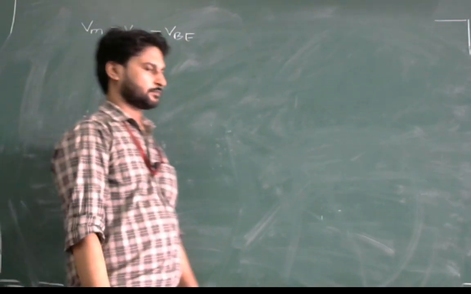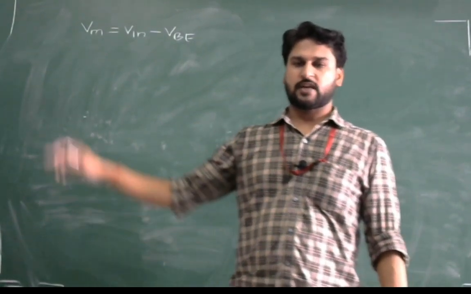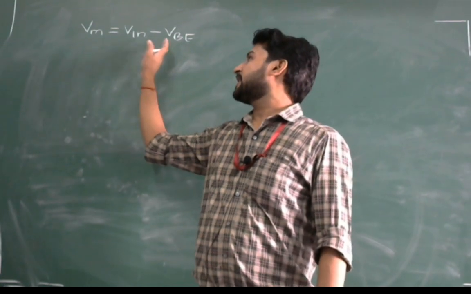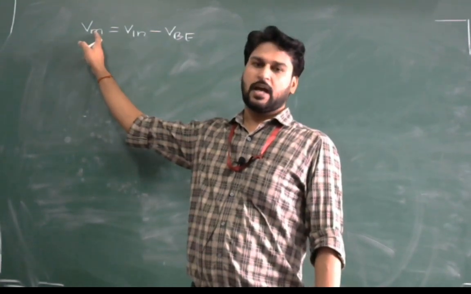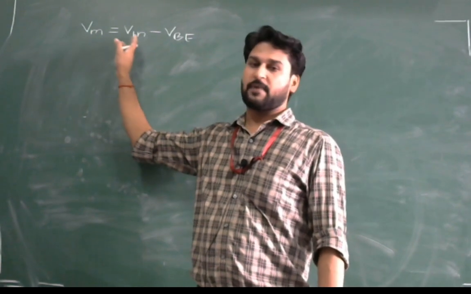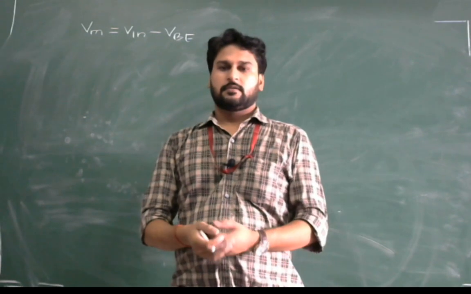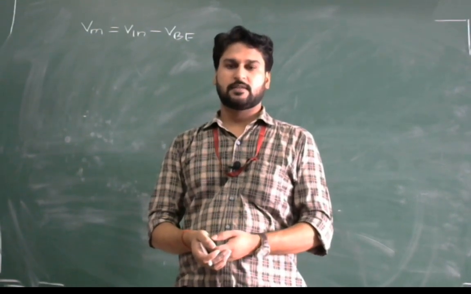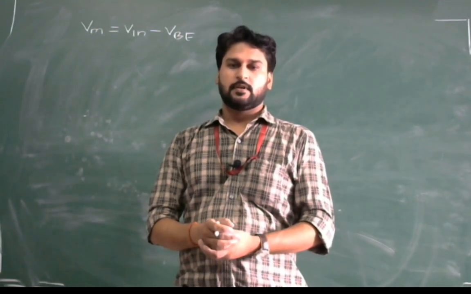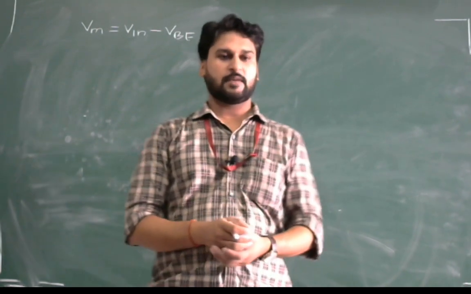Somehow, if I am able to remove this term VBE, we will get the same value of the output as applied at the input side of the device. This problem can be solved by using another transistor. We will see in a minute.